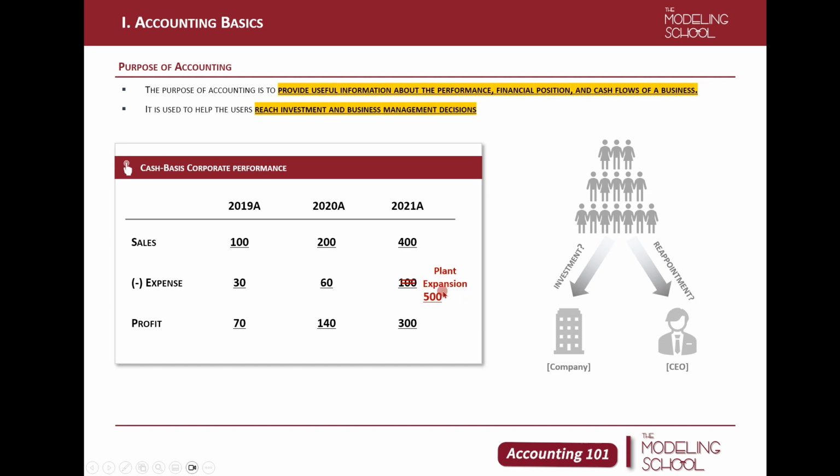So they're building a new plant worth $400, and adding to the $100 expense before, now the company is making an expense of $500. So in 2021, sales was $400. There was an expense worth $500, and now it's a negative profit. Now it's making a loss of $100.